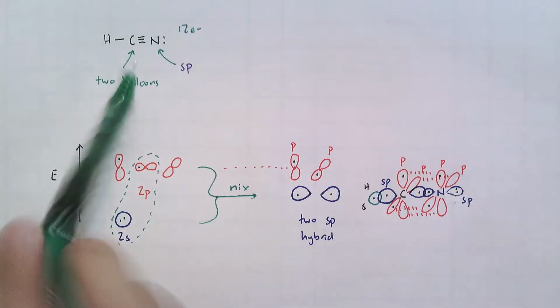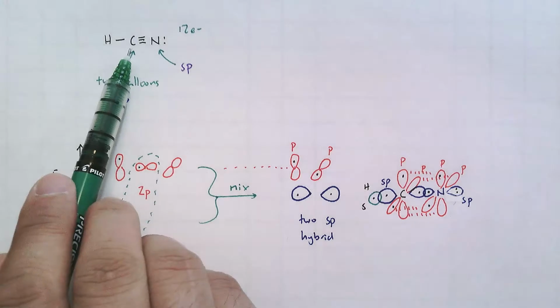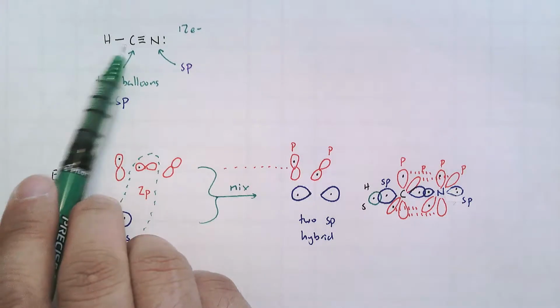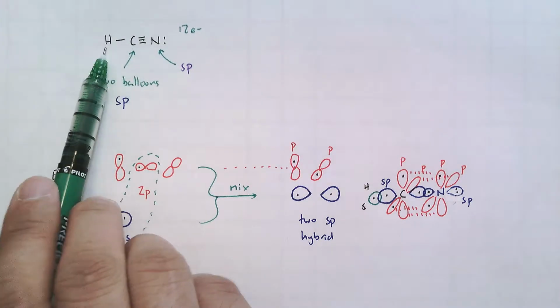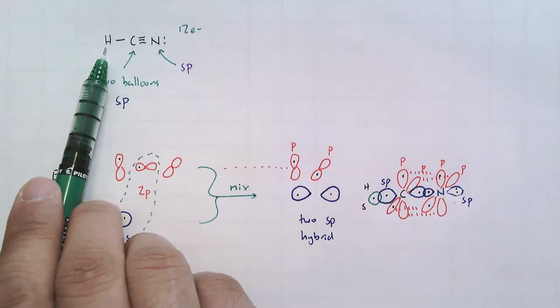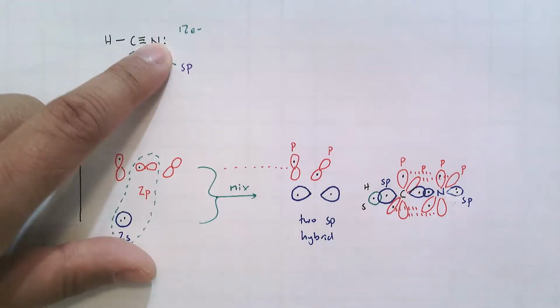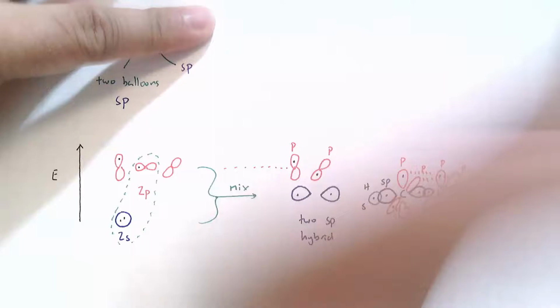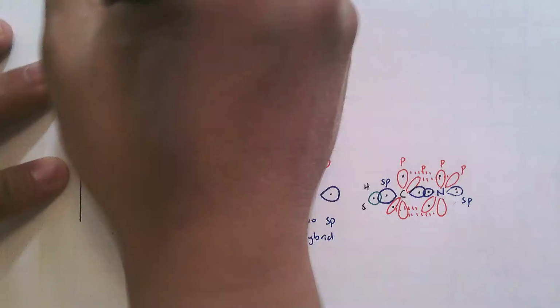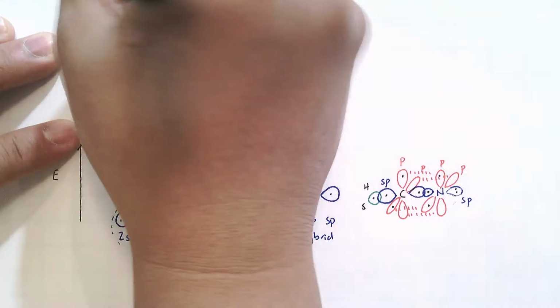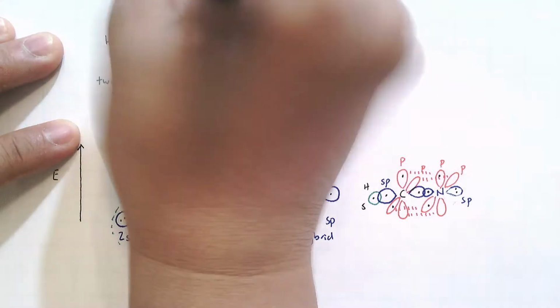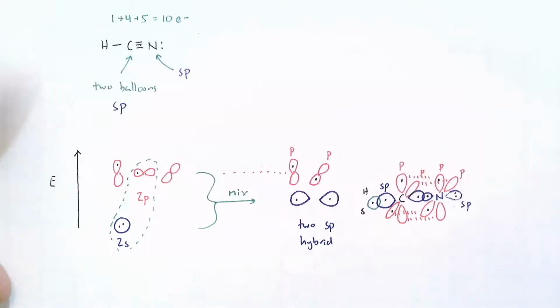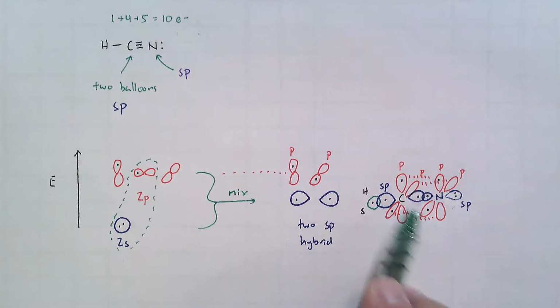Did I count this right? Oh, I shouldn't count those lone pairs. I already said that nitrogen has 5 valence electrons. This is what happens when you rush. 1 plus 4 plus 5 equals 10. 1, 2, 3, 4, 5, 6, 7, 8, 9, 10.